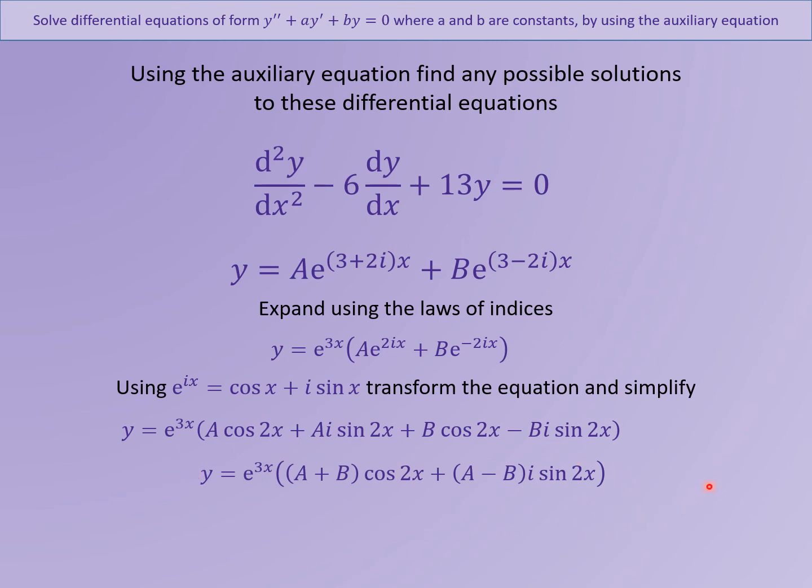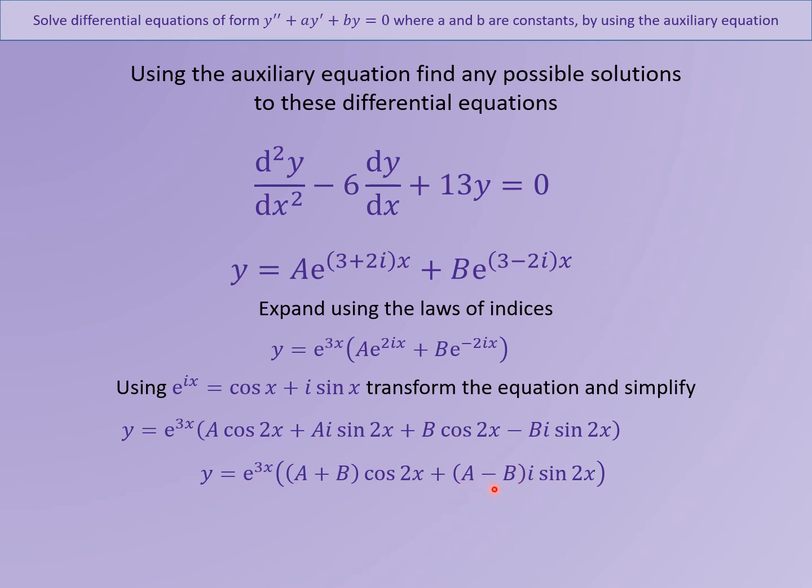Again, just pausing, making sure you're happy. If that's the case, then I can see that a plus b is just another constant, isn't it? a is a constant, b is a constant, so a plus b is just another constant. That is just a number. And the same here, a minus b, even times i, is just a number. i is the square root of minus 1.